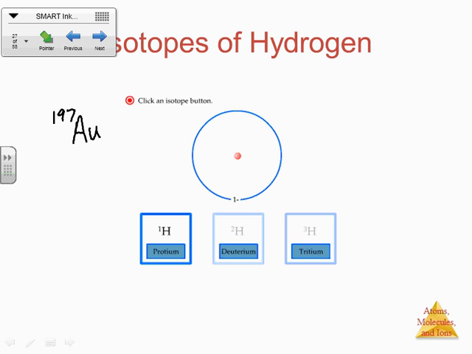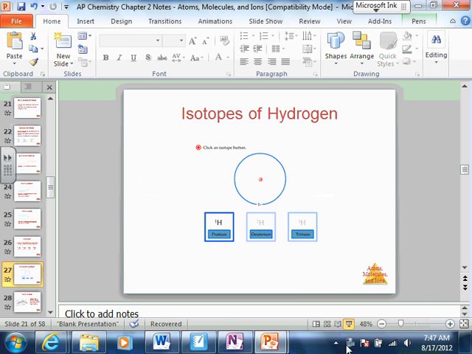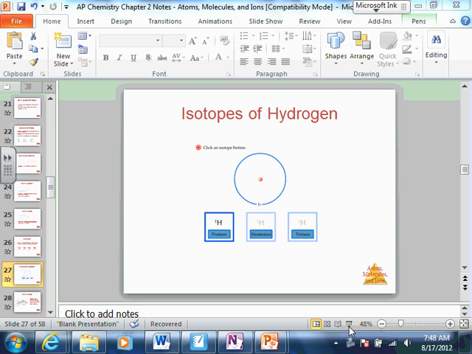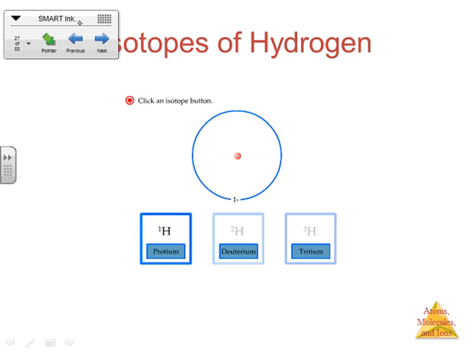So the question we have to ask ourselves here is, how do we know the number of protons that there are in Au? All right, so if we look at our periodic table, the periodic table is going to tell us, if we find the symbol for Au, that it has an atomic number of 79.